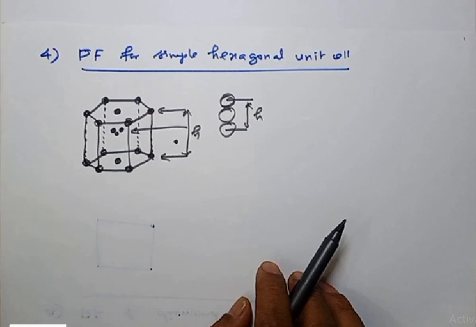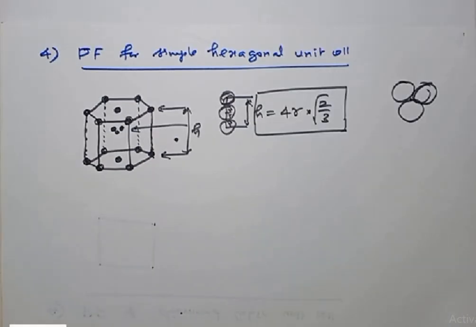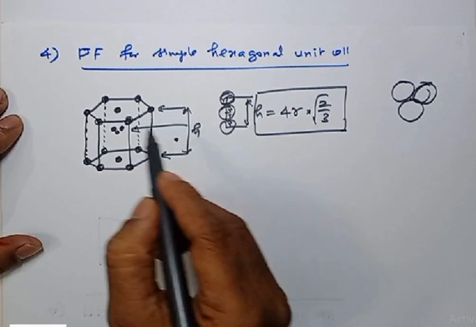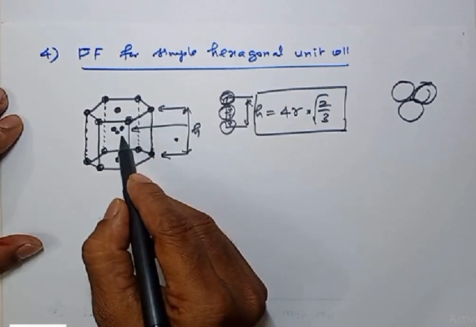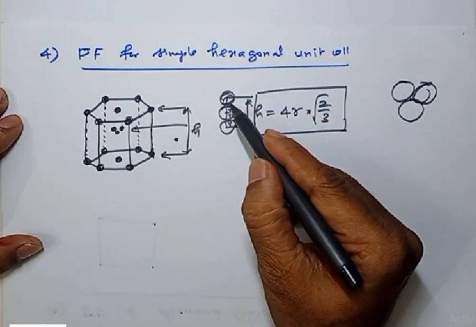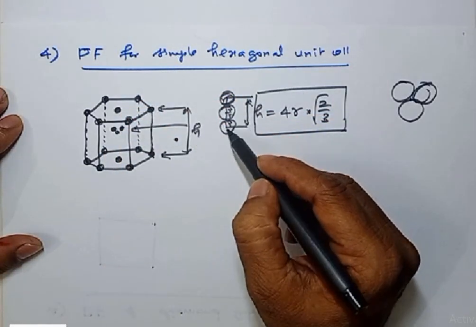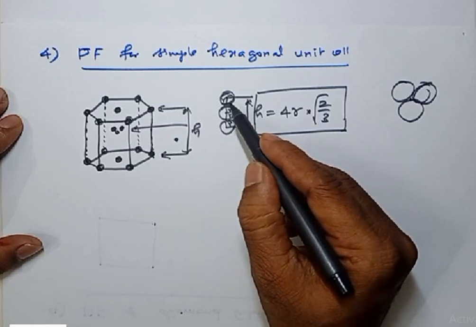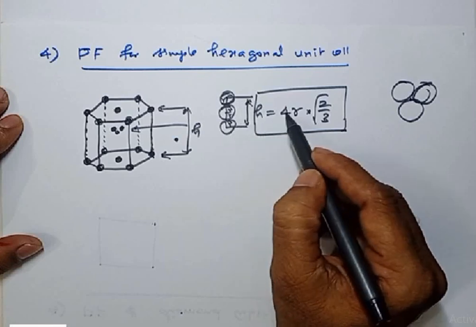Can anyone tell me? Here we have 3 layers, top, middle and bottom. If one atom sits directly on the surface of another atom like that, then h should be equal to 4r.